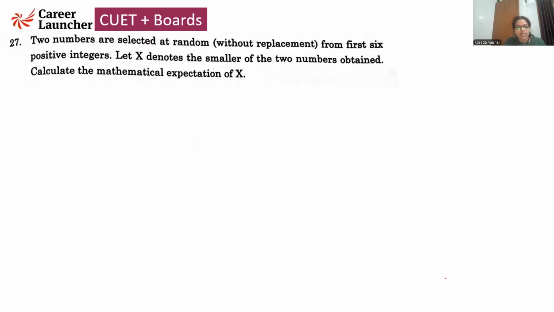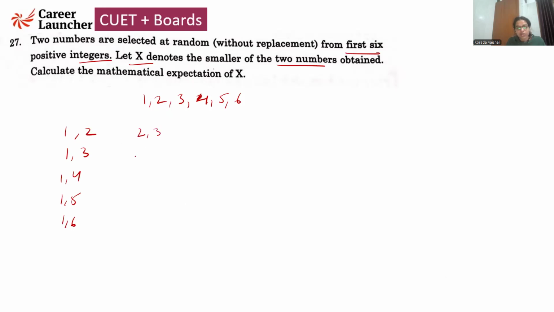Two numbers are selected at random without replacement from the first 6 positive integers. So I'm having 1, 2, 3, 4, 5, and 6. We are assuming x as the variable denoting the smaller of the two numbers. So if I look at the sets of two numbers, I have 1 comma 2, 1 comma 3, 1 comma 4, 1 comma 5, and 1 comma 6.